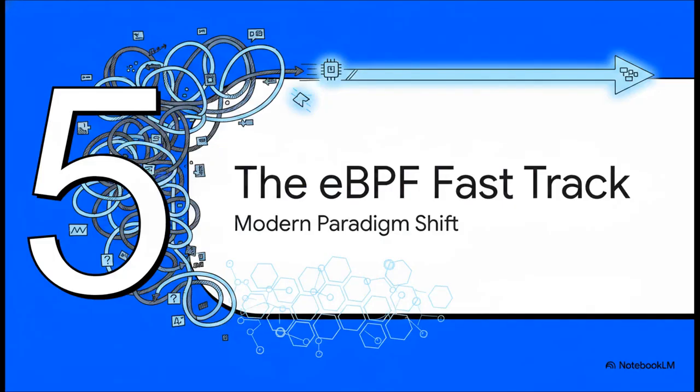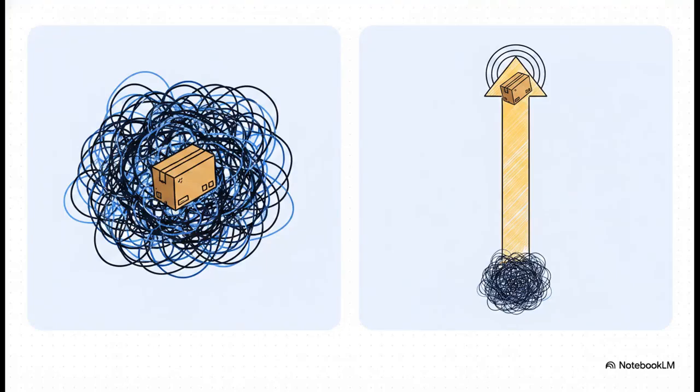Section 5. The eBPF fast track. Now, that entire path we just walked through, that's the traditional way. But compare that traditional path to this modern paradigm shift. Traditionally, a packet gets dragged through an absolute maze of iptables, connection tracking, and NAT translations before it ever sees a pod. Sure, it's reliable, but as your cluster scales up to thousands of services, evaluating those massive lists of rules sequentially becomes a huge bottleneck.